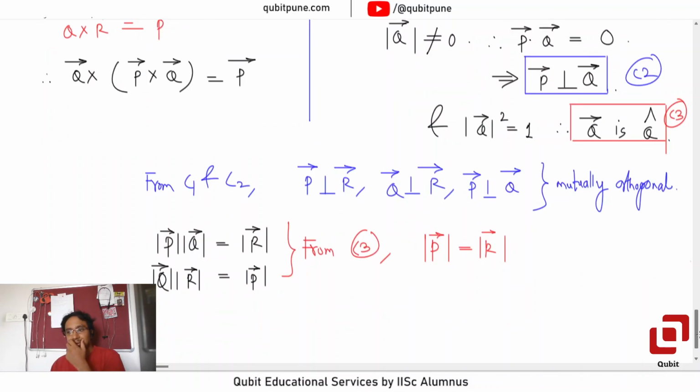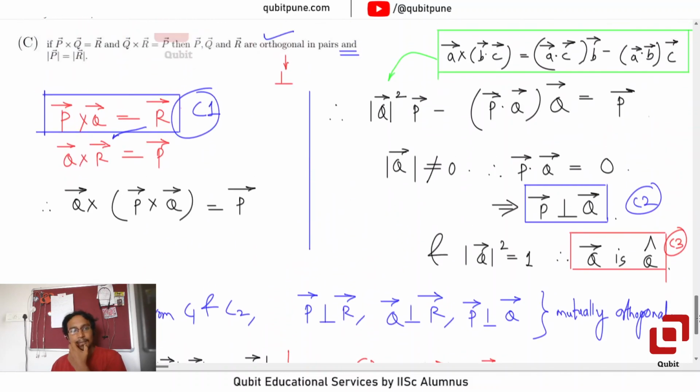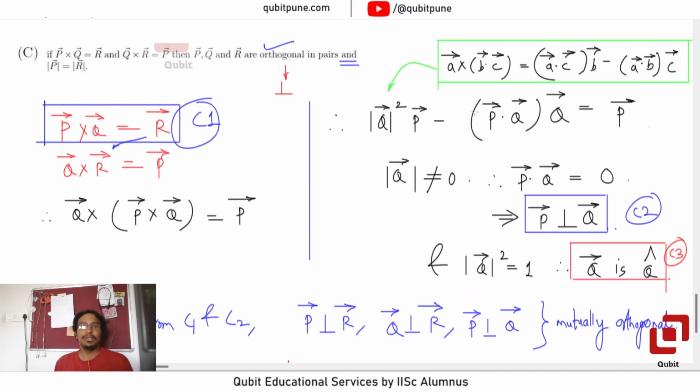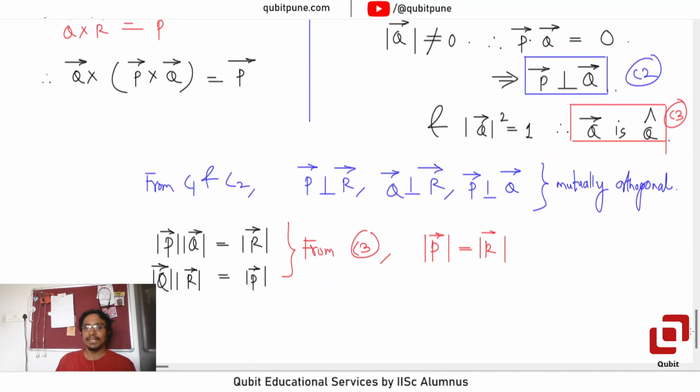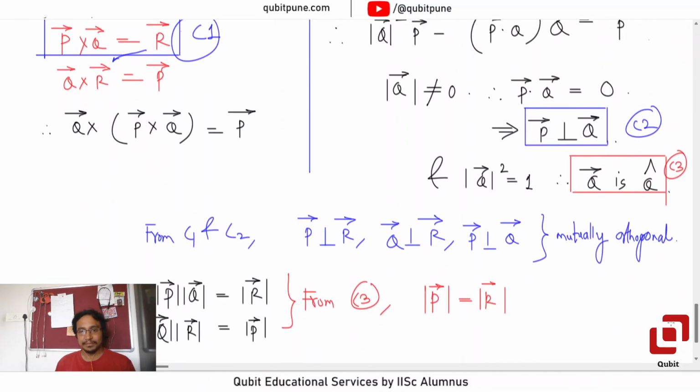Yes. Did you understand what we did first? First of all, we use this identity to arrive at two conclusions, which are C2 and C3. We first combine C1 and C2 to arrive at a conclusion that the vectors are mutually perpendicular, orthogonal. And because Q bar was a unit vector, its magnitude was equal, so that question did not arise. Okay, fine. So C is correct.